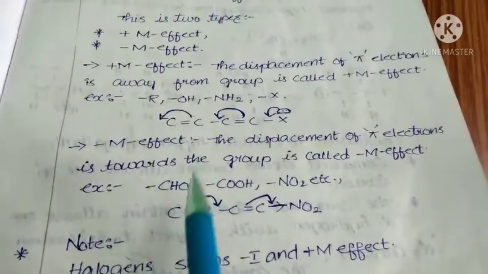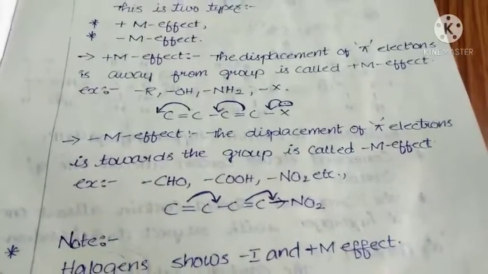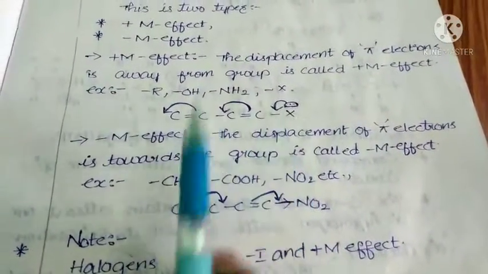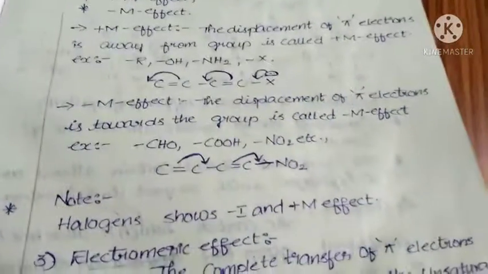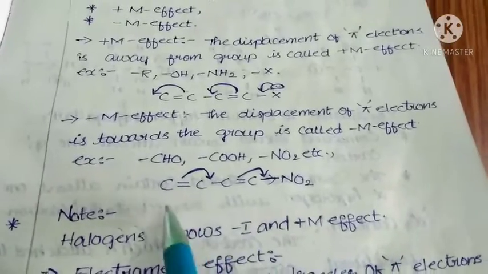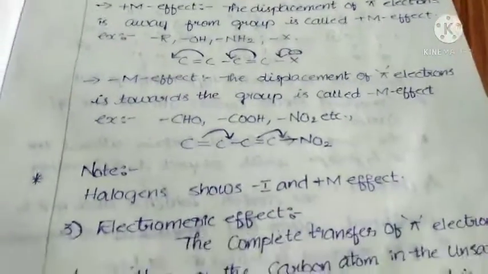But when they are attached to a conjugated system, they donate electrons. You should understand that point. When they donate electrons, it shows plus M. When they withdraw electrons, it shows minus I. That's it.